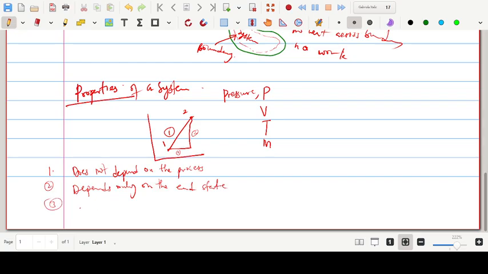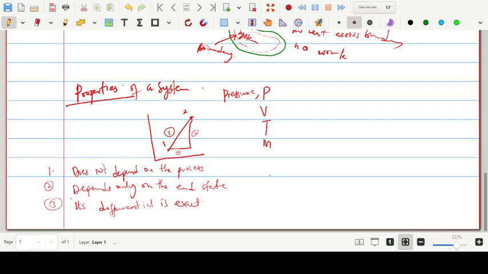And thirdly, its differential is exact. Its differential is exact.